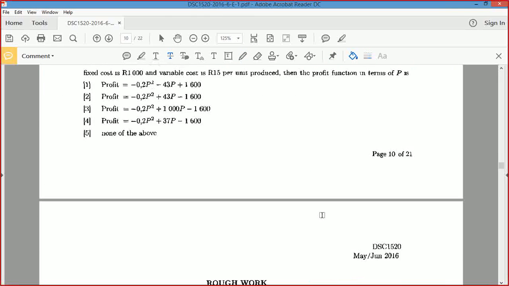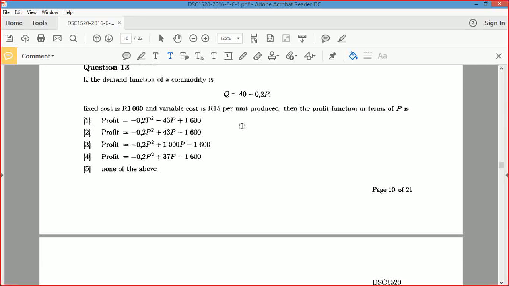Alright, 13, focus here. We spoke about quite a lot of these on Tuesday as well. They're popular questions. So you need to determine the profit function. Exactly. How do I get profits? Total revenue minus total costs. Correct. Did they give you total revenue?